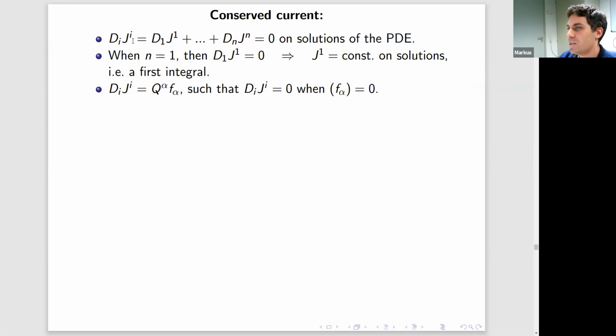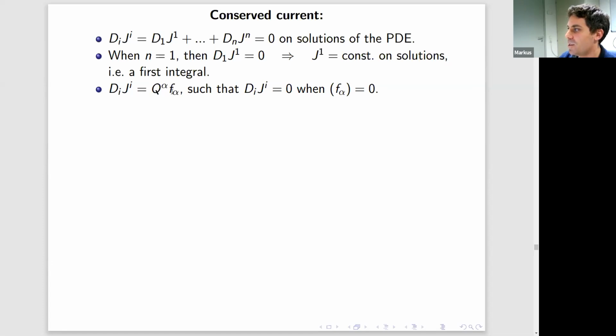So when you have such a divergence expression, which has to vanish on solutions of your equation, I want to convince you somehow that you can write it in such a way. If something here must vanish whenever f vanishes, then you can write it by some factor q times f.